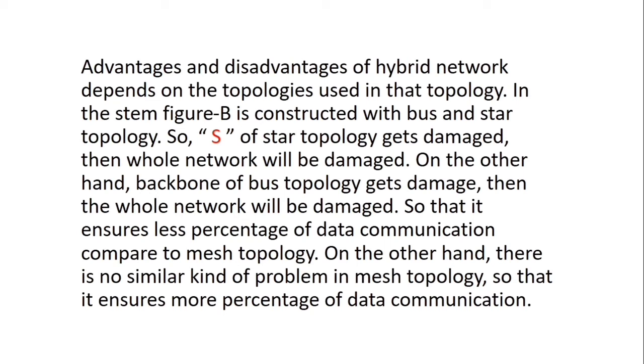So the star is very important for this figure B. On the other hand, if the backbone of bus topology gets damaged, then the whole network will be damaged, so that it ensures a lower percentage of data communication compared to mesh topology. On the other hand, there is no similar kind of problem in mesh topology, so that it ensures a higher percentage of data communication. Okay, but here are some disadvantages.